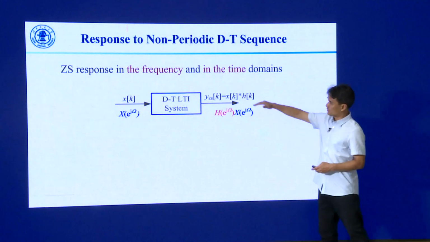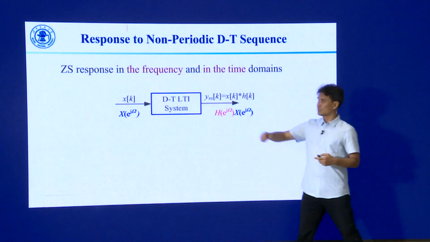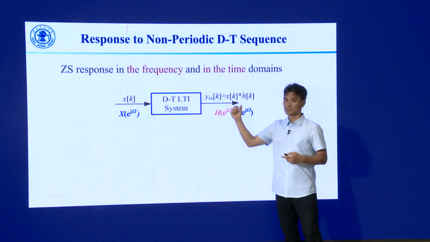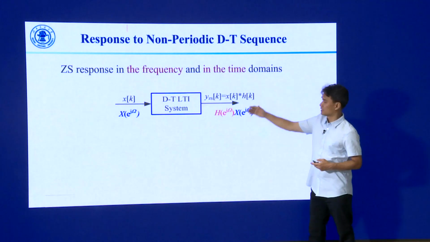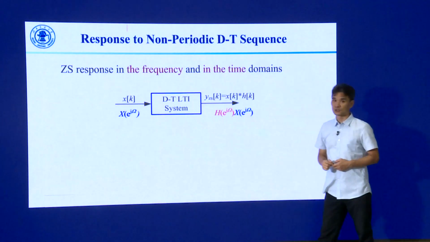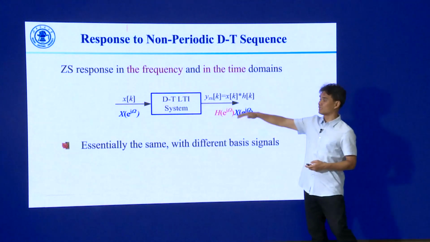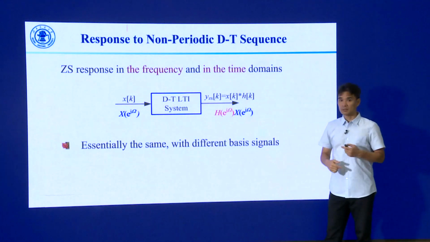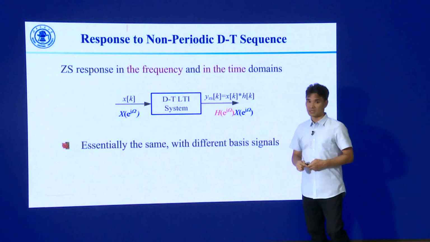This part is the interaction between the input, output, and the system in the time domain. And this part is the interaction in the frequency domain. So they basically describe the same mechanics, but the bases are not the same.